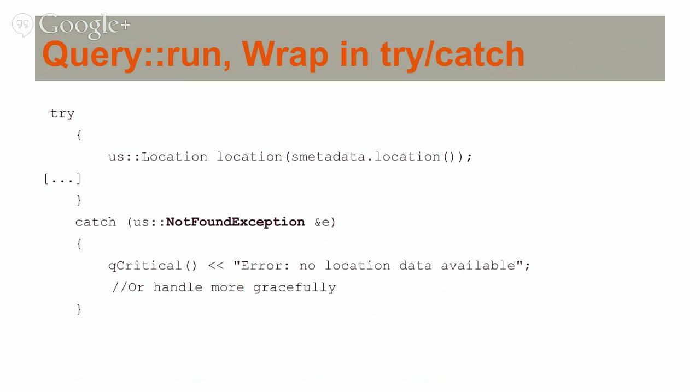In this case, I'm just logging a critical event using qCritical, which causes the scope to quit. But you might want to do something more graceful. So there's the TryCatch critical piece of code for real scopes out in the wild.